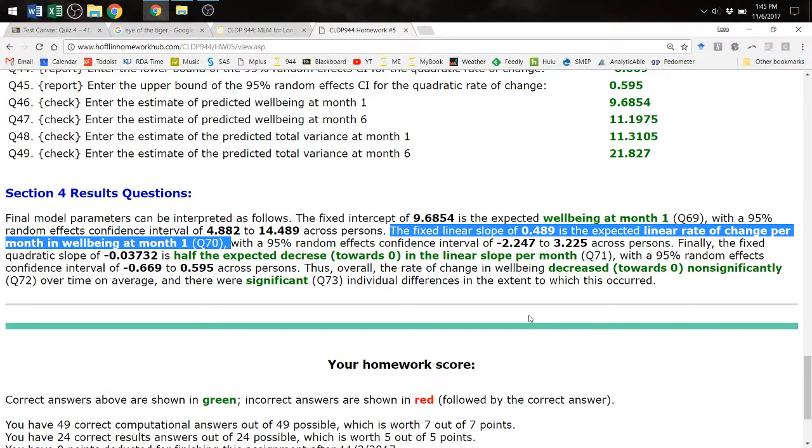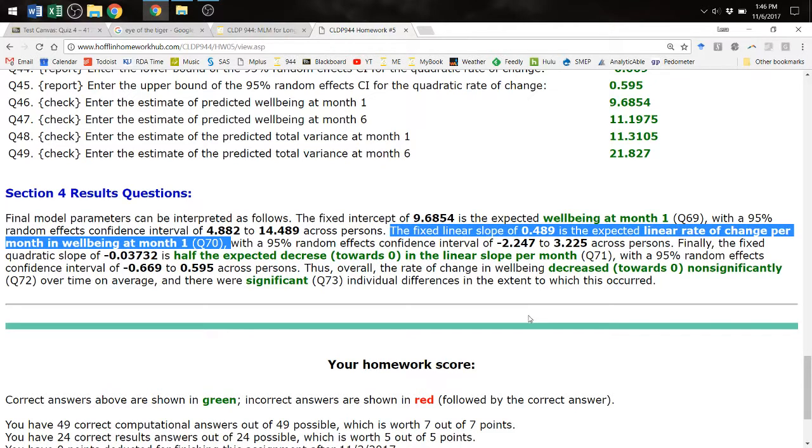So if I were to draw, like this type of curve looks like this, I can't just talk about the linear rate of change at any occasion. I have to know where time 0 is, because if time 0 is over here, this is my linear rate of change. If I put time 0 over here and put time backwards instead, it'd be this one. So once you add a fixed quadratic, the fixed linear slope is specifically to where time 0 is.